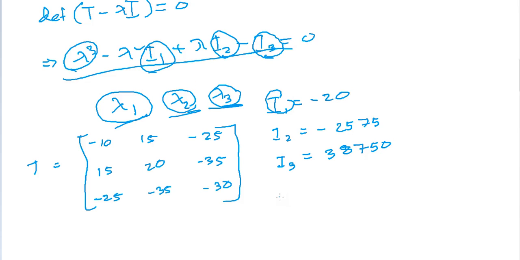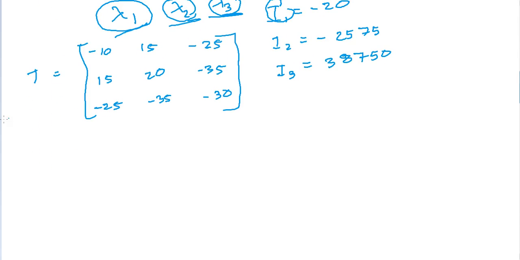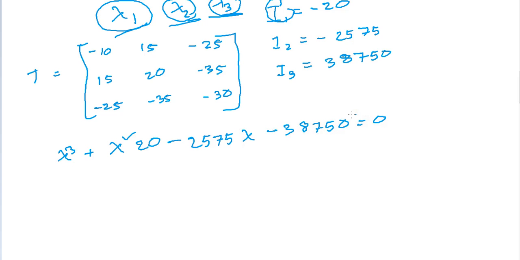Our characteristic equation would be alpha cubed plus 20 alpha squared, because this is minus 20 and there is a minus sign, so it's positive, minus 2575 alpha, minus 38750 is equal to 0.